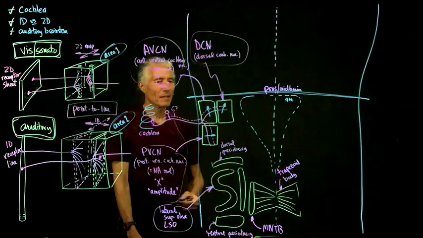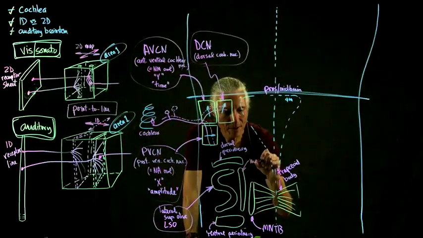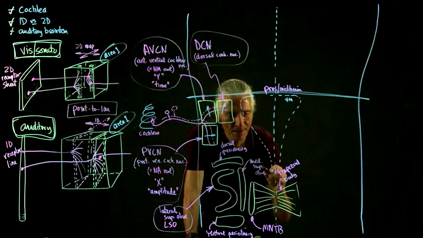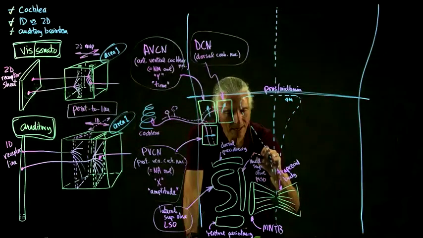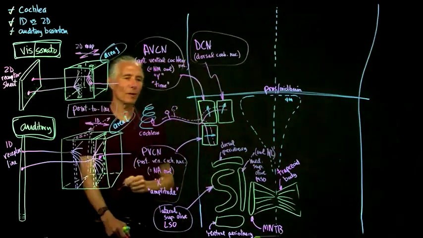And then this one we'll talk about quite a bit. This one is the medial superior olive. And this one is like the owl nucleus laminaris. We're going to talk about how this one works.